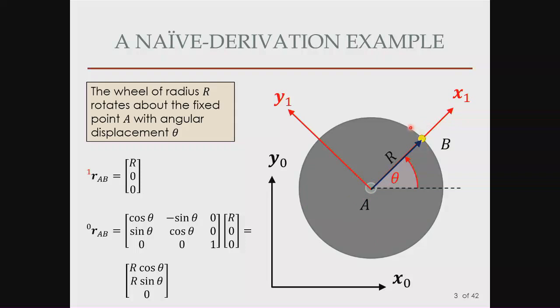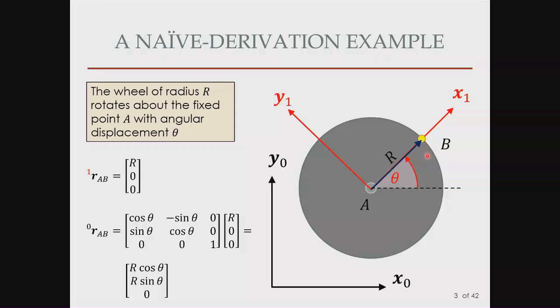So B is rotating with this angle theta, or angular rate of change theta dot, about, in this case, axis Z1. The question is to find the absolute linear velocity of point B.